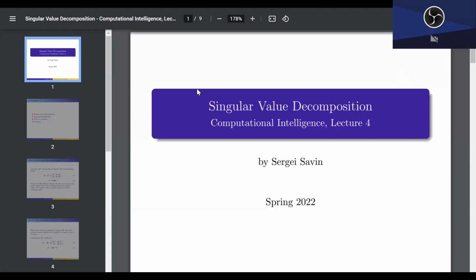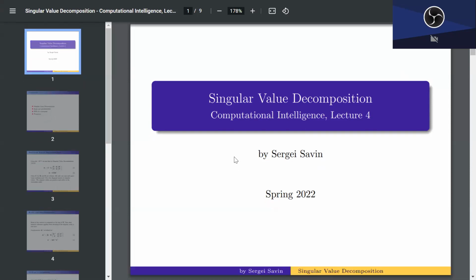Now, let us move on to our next topic for today. It's not going to be very difficult, so don't worry. By the way, Professor, you didn't refresh the slides in the Git. There's no such slide for singular value decomposition.